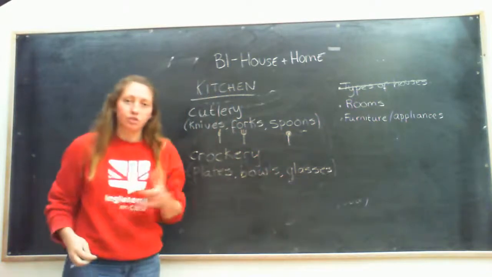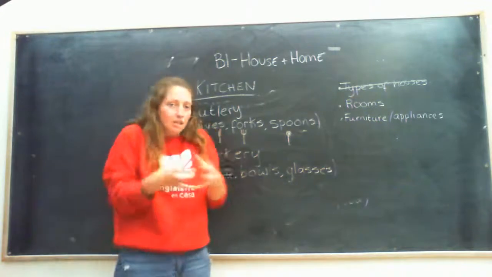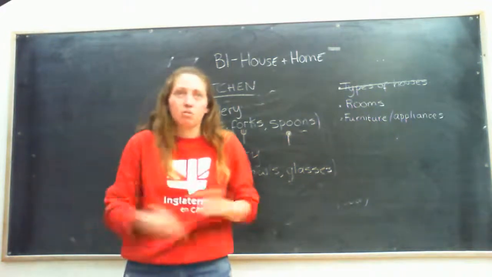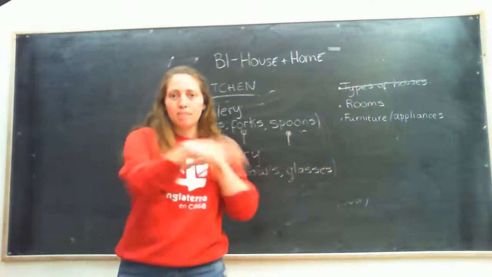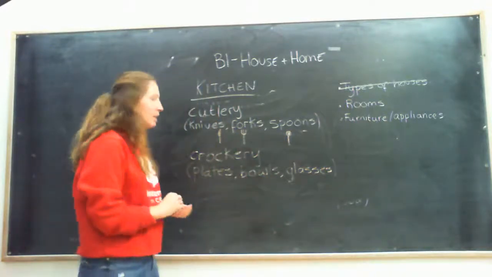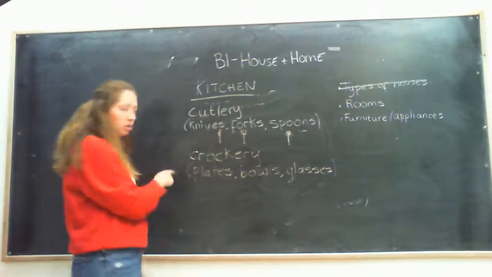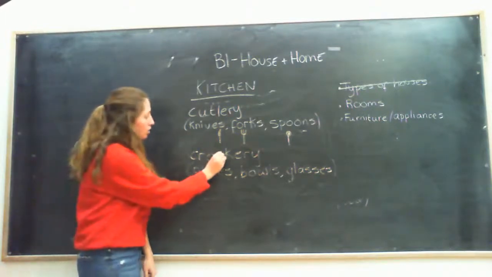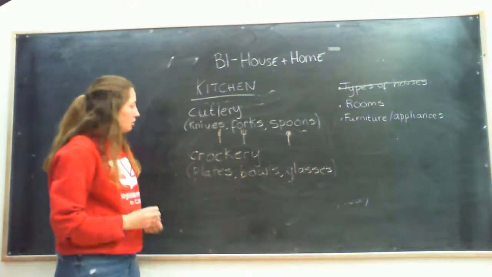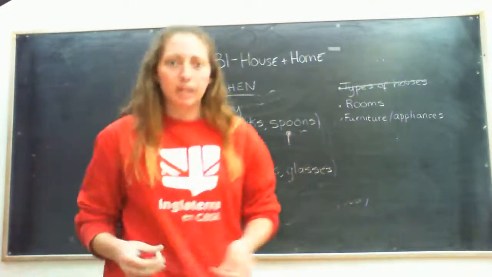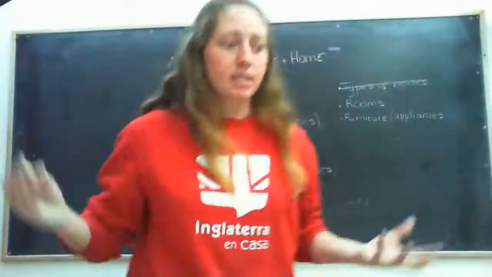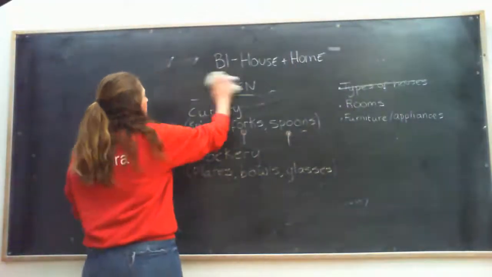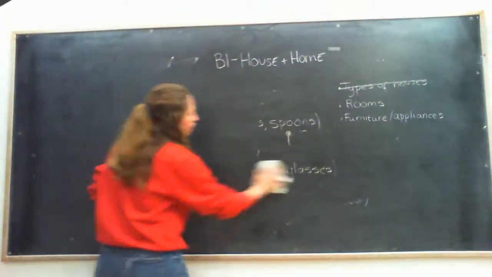Yeah, glasses for your drinks, your bowls for your pasta or your cereal, your plates for your breakfast or anything that you just put on a plate, your meat, your vegetables on a plate. That in general is called your crockery. Okay, your crockery. So cutlery, crockery, obviously there are a lot more things in a kitchen, but for now, that's enough.